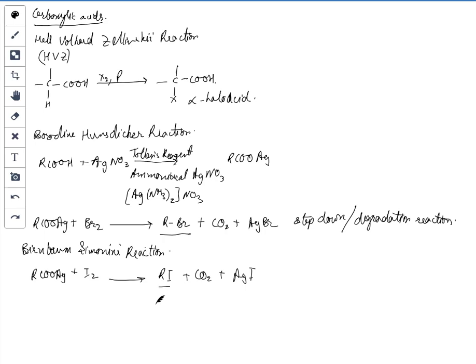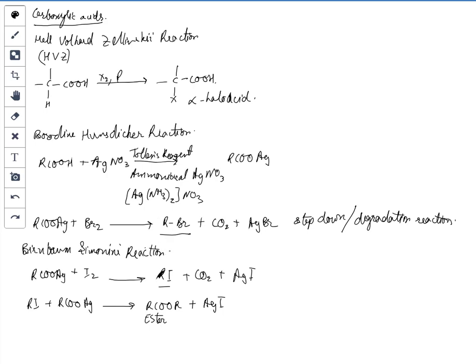The carbon iodine bond is extremely weak, and that is why this RI, which is formed in the first step, has a capacity to react further with a silver carboxylate, and it forms RCOOR along with AgI. So in this case, the final product, rather than being an alkyl halide, turns out to be an ester. So that is what we have as Birnbaum-Simonini reaction.